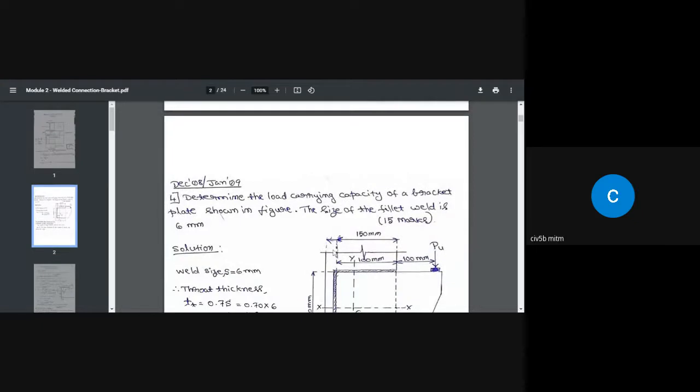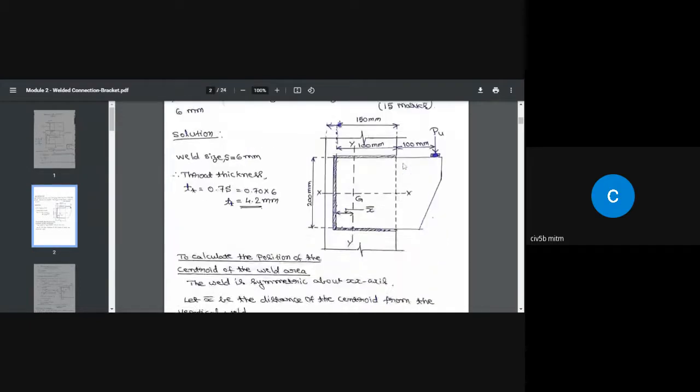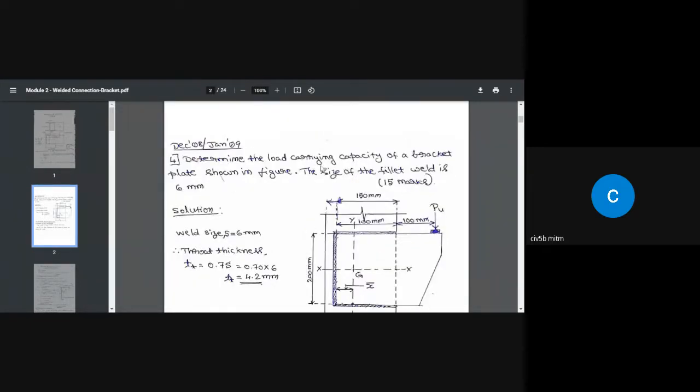So let us take up an example. It says, determine the load carrying capacity of a bracket plate shown in the figure. The size of the fillet weld is 6 millimeter. So we need to find out the load carrying capacity. When they say load carrying capacity, we always deal with the service load carrying capacity.